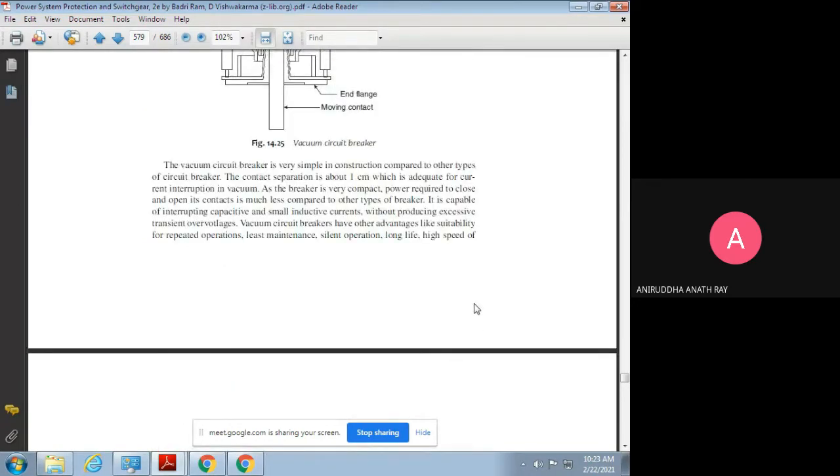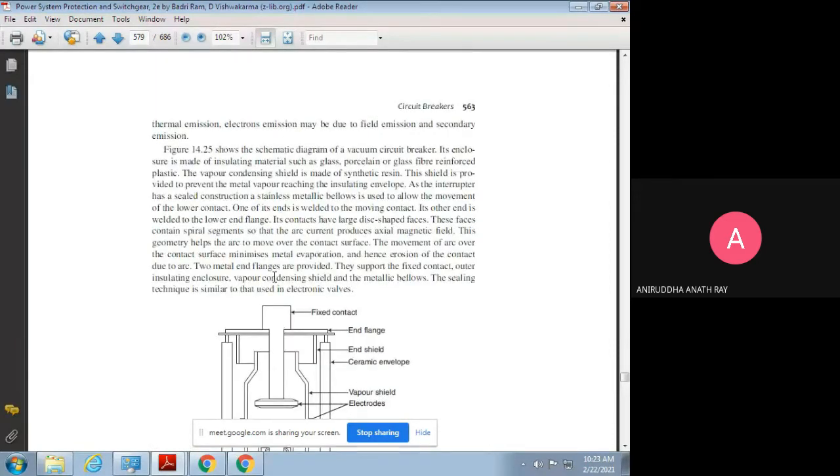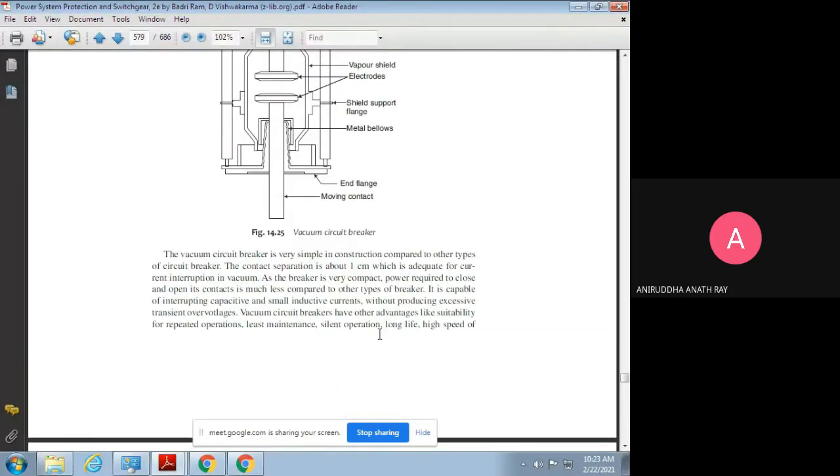This is the main construction, along with the working of the vacuum circuit breaker. The vacuum circuit breaker is very simple in construction compared to other types of circuit breaker. The contact separation is about 1 centimeter, which is adequate for current interruption in vacuum.